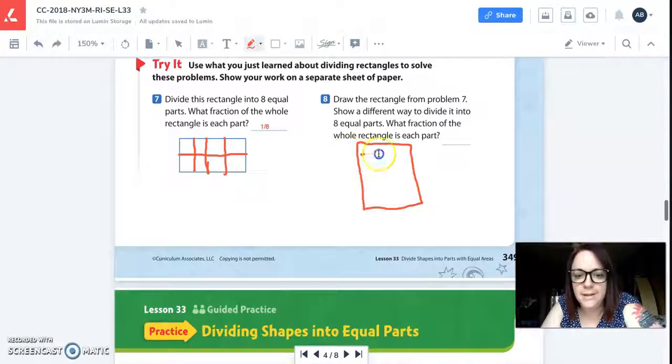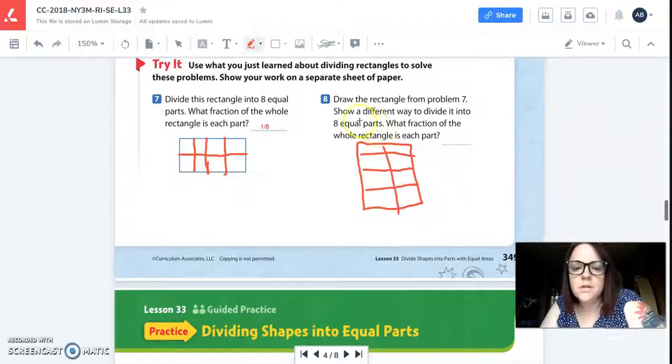Try that again. 1, 2, 3, 4. 1, 2, 3, 4, and then so show a different way to divide it into 8. What fraction of the whole rectangle is each part? Again, 1/8.